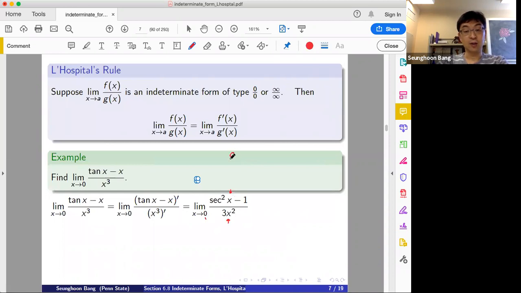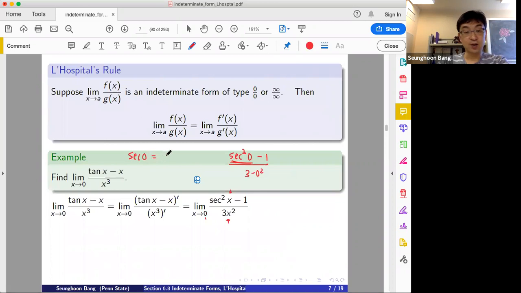We have secant squared of 0 minus 1 over 3 times 0 squared. What is secant of 0? So could you write your answer on the chatting board? What is secant 0? Could you write your answer on the chatting board? Okay.